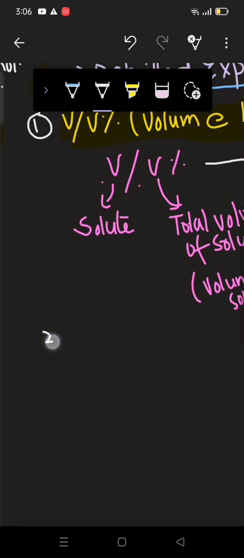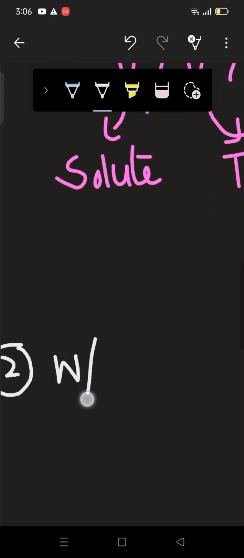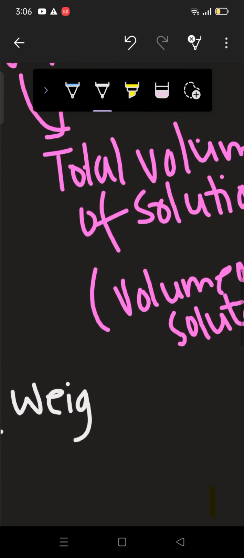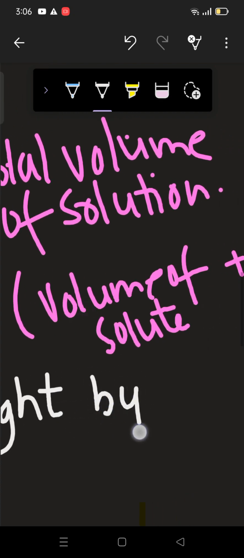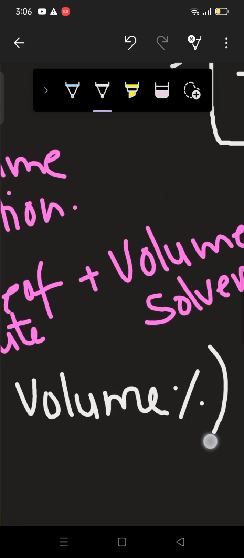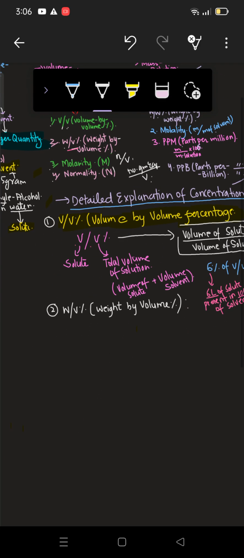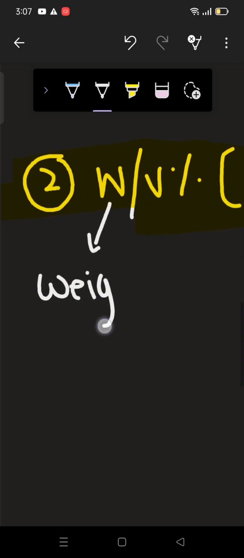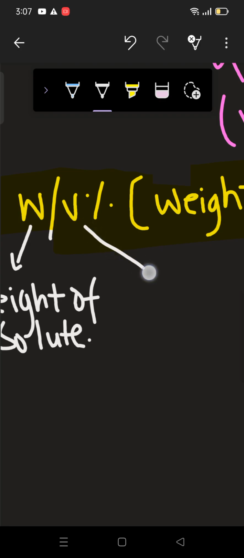For the formula, the first part represents weight, which means weight of solute, and the second part represents solution.